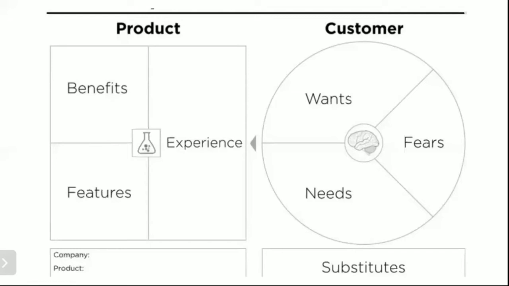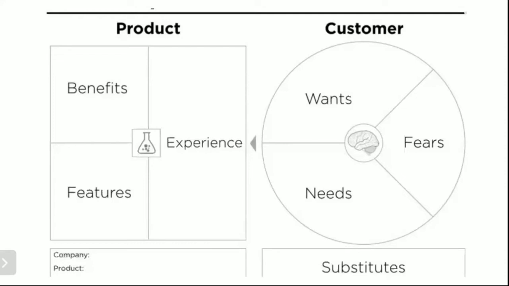And if you can understand their wants, needs, and fears, you can provide an experience for them that gives them benefits and features that fill the holes of their wants and needs, okay? And so this is the value proposition. This is the most important part about the entire business model. If this is the only thing you do in your business model, it will be the most important, okay?